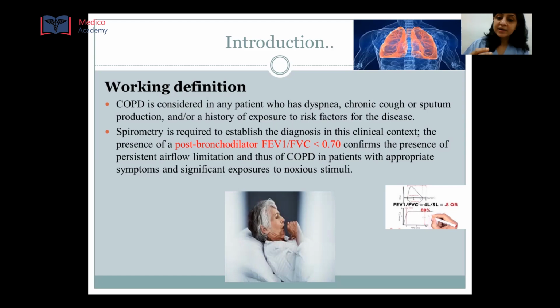This ratio, when it is less than 0.7, is just the confirmation that there is a persistent airflow limitation present, which has not been completely corrected even with the bronchodilators. So this, together with a patient who has the appropriate symptoms and significant exposure to noxious stimulus, is what leads us to the diagnosis of COPD.